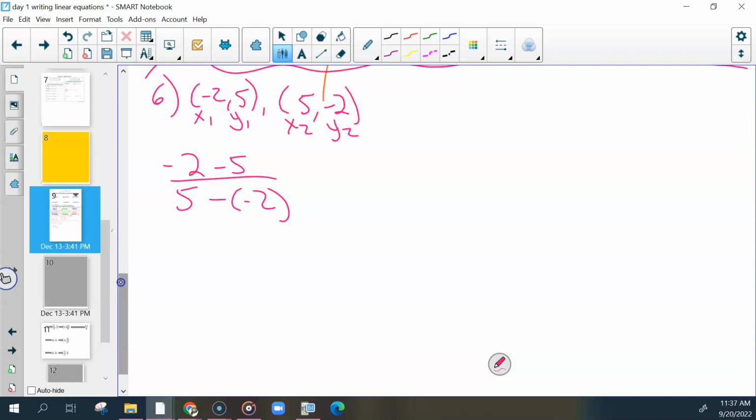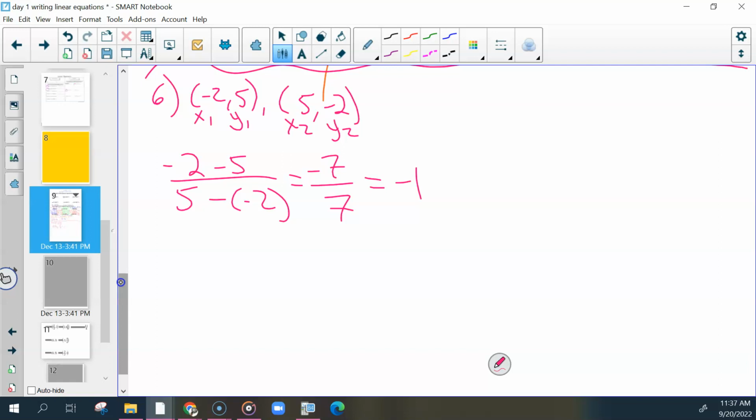Negative 1. So this would be negative 7 over positive 7, which would give us negative 1. Right? Then do we want to use the first or the second point? Doesn't matter.